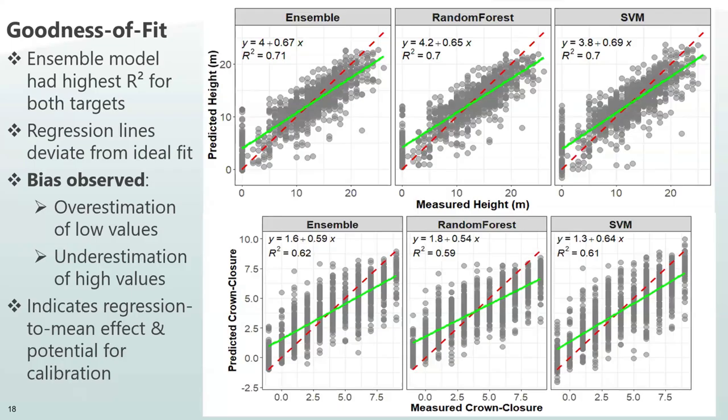Our model tends to overestimate low values but underestimate high values, which is common in regression modeling. It indicates a regression to the mean effect and suggests the potential for model calibration and fine-tuning to improve the model accuracy.